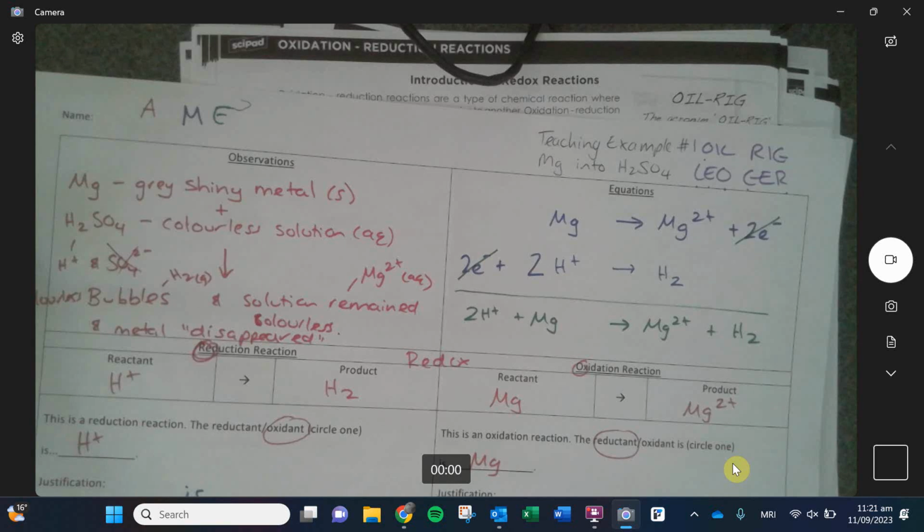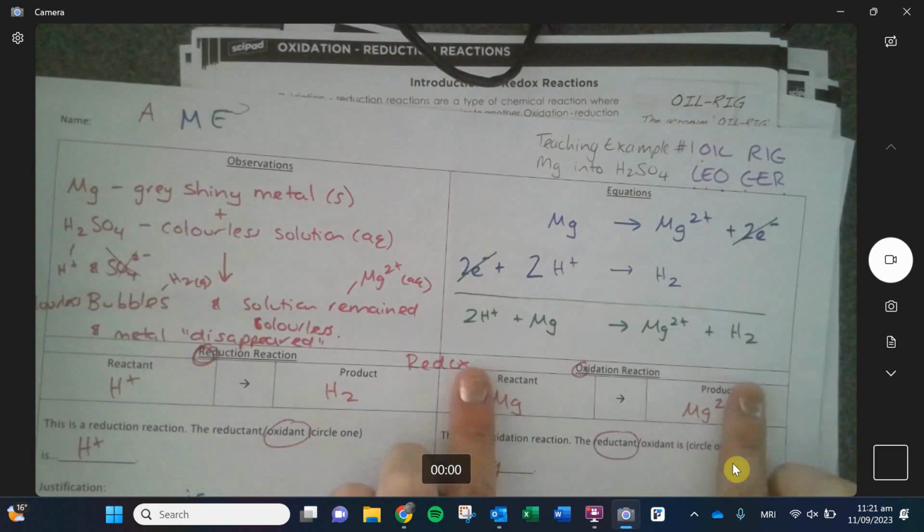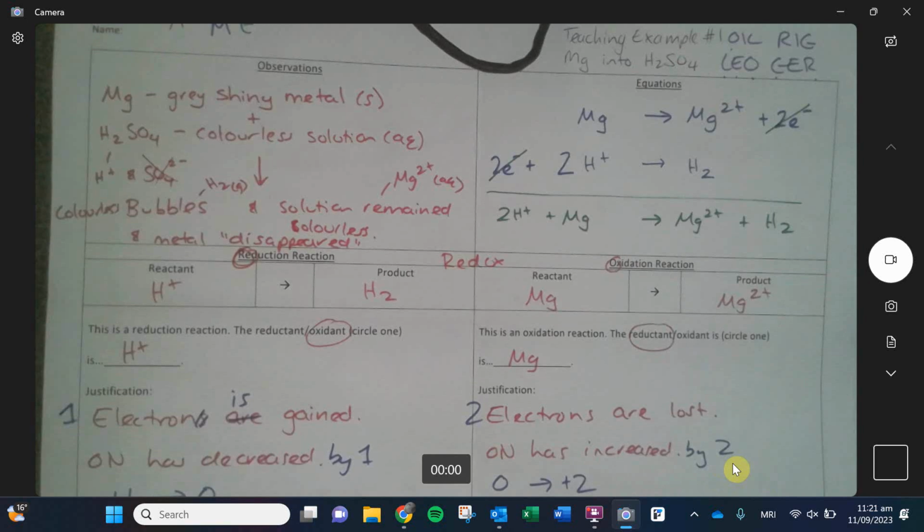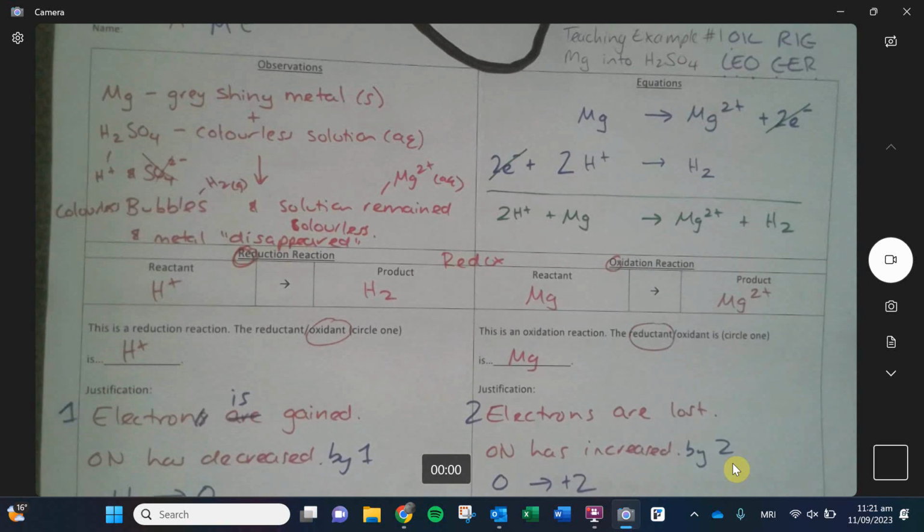There we go. Okay, so what we talked about on Friday was looking to get us up to that merit and excellence level criteria for the Redox internal. The way we were doing that was talking about these half equations and then putting them together for that full equation. Everything that's in red on this sheet is an example of what I need for the achieved.